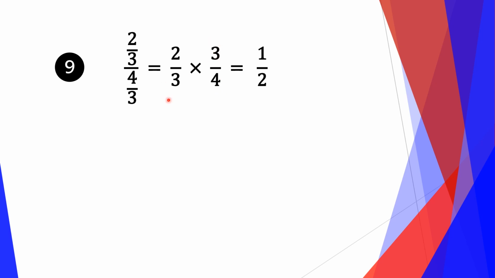Now, again, we can cancel, because 3 can be cancelled with 3, and 2 and 4. So 3 goes into 3 once, 3 goes into 3 once, and 2 goes into 2 once, and 4 goes into 2 times. And now we times our numerators. 1 times 1 is 1, and we times our denominators. 1 times 2 is 2. So our solution is a half.